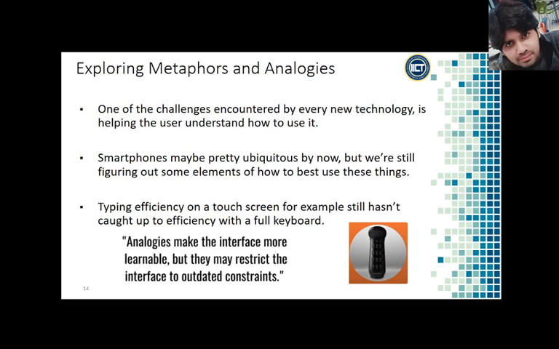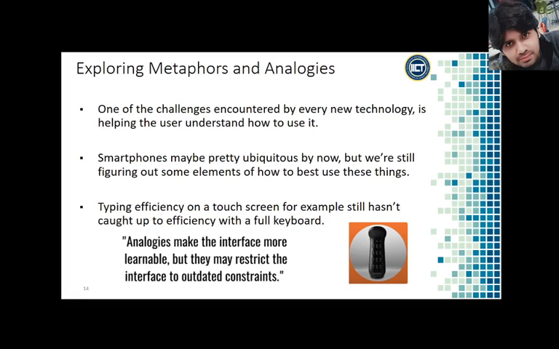Take your mini project, for instance, and let me know in your assignment what kind of analogies you would prefer for your interface to be learnable, and how those analogies will help your interface to provide some affordances or some consistency. Also reflect on how these analogies can affect your application or your interface, how it can go wrong, or how it can contribute to a downside for your interface.